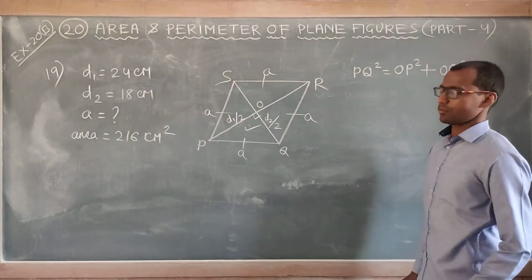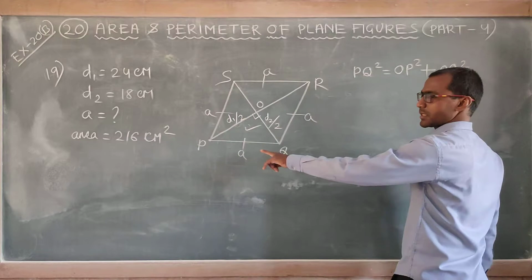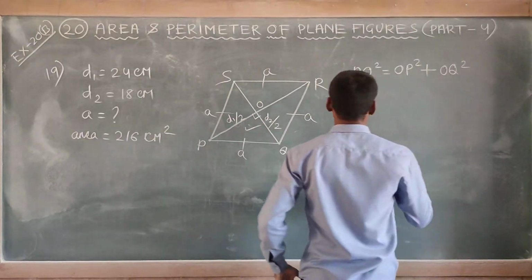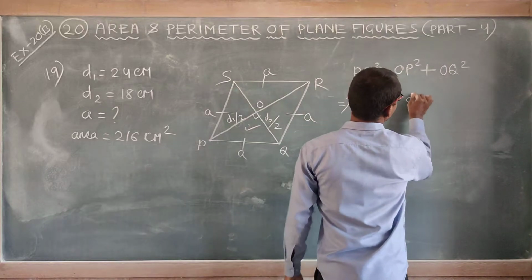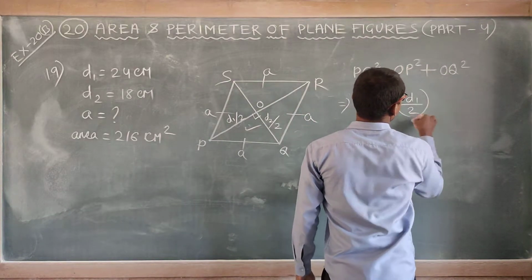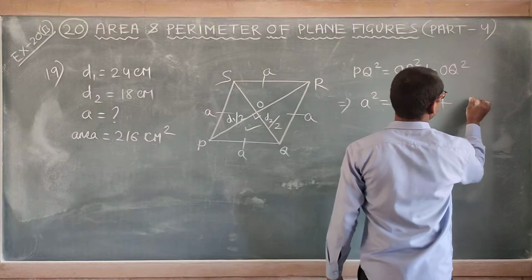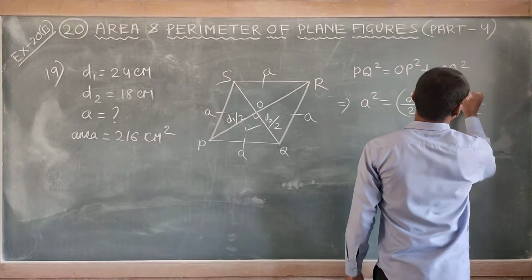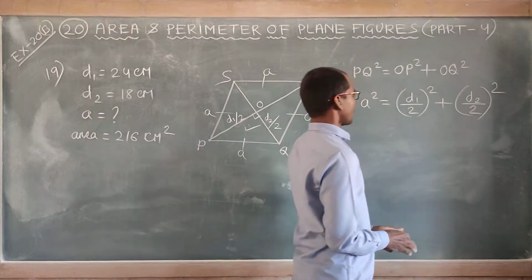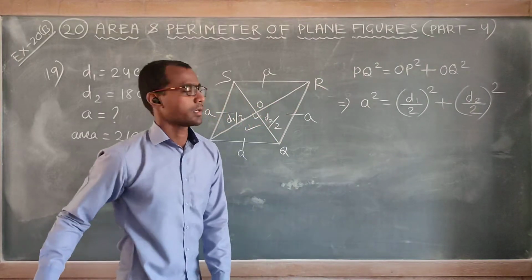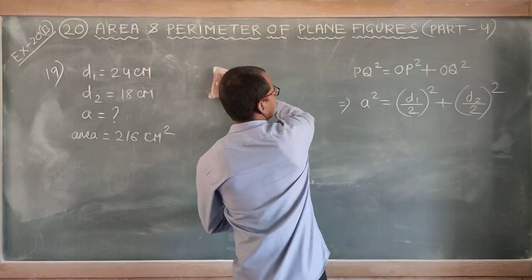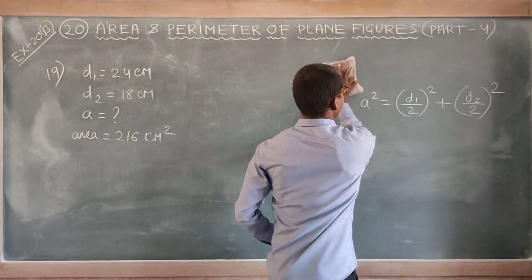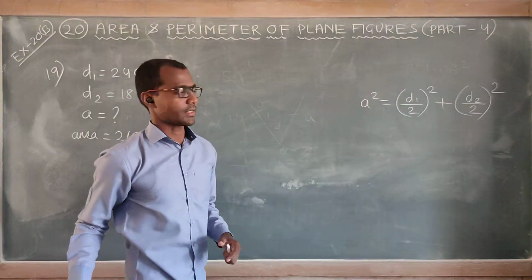PQ is the hypotenuse, as it is opposite to the right angle. So A square is equal to (D1 by 2) whole square plus (D2 by 2) whole square. This is the relation between the side of the rhombus and its diagonals.